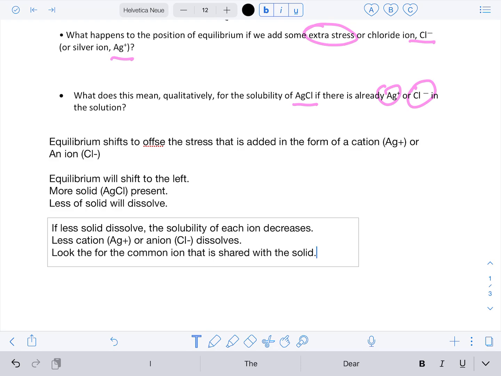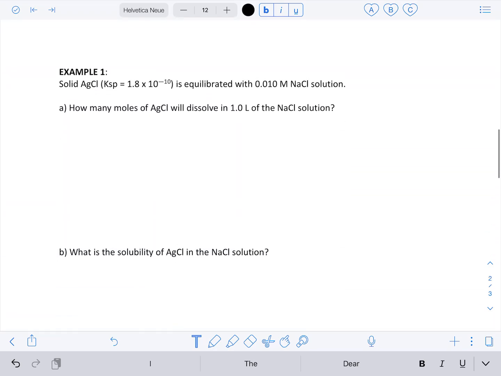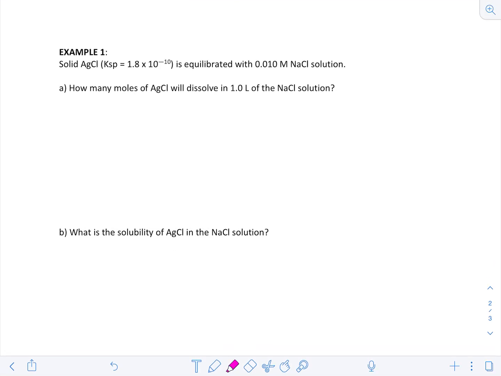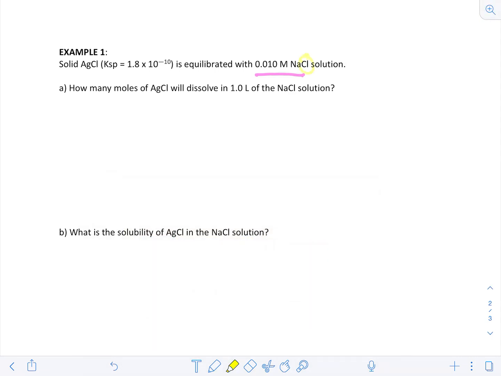Okay, so we're going to do an example together. Here we have solid silver chloride, and notice that they tell us there is 0.01 molar sodium chloride present. Chlorine is shared with silver chloride, so that is the common ion.